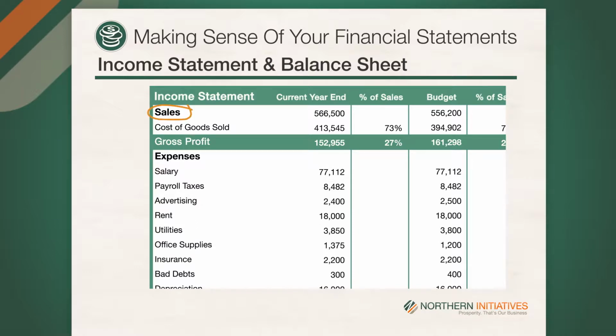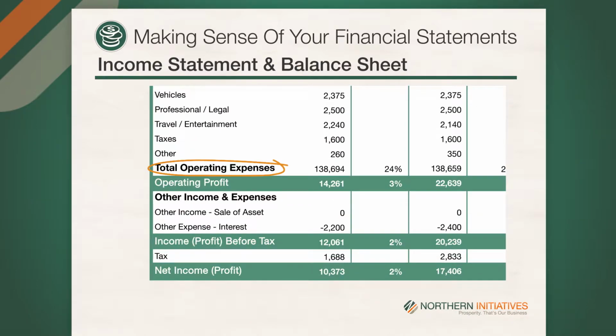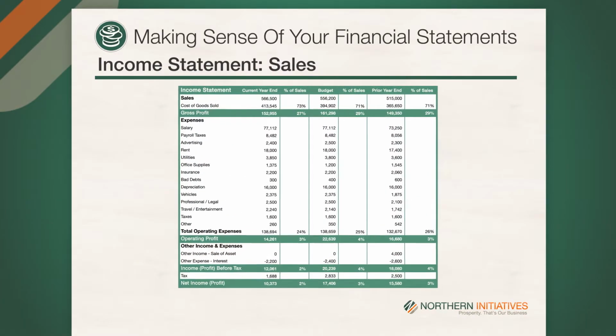You've got sales, cost of goods sold, gross profit, operating expenses, other income, other expense, income before tax, tax, net income, also called net profit. Sales.